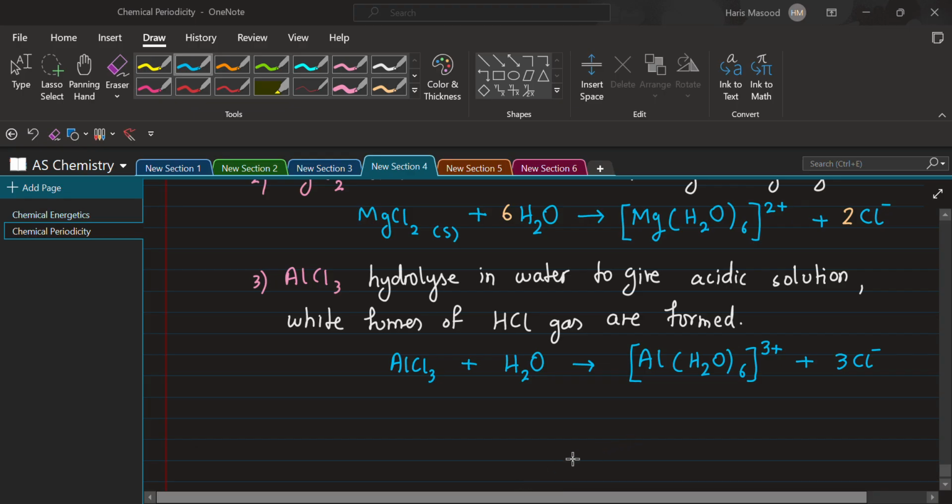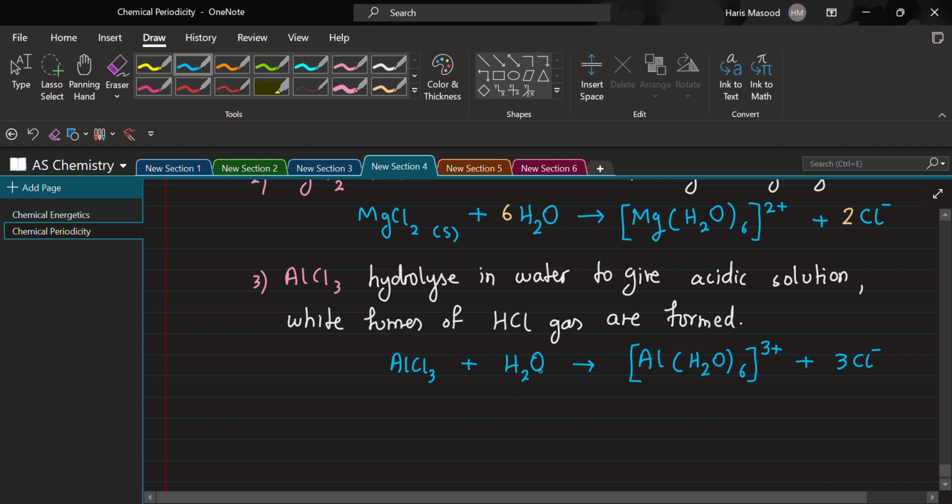Okay, this will be the equation. Let me just balance it out. 3, and then you have 6 here. 3 will be placed here.